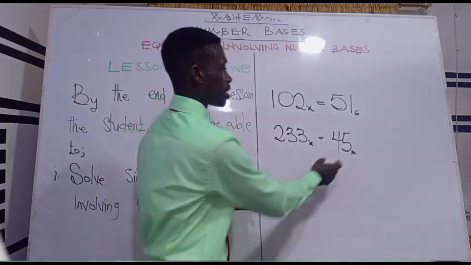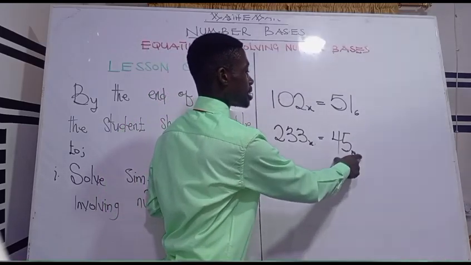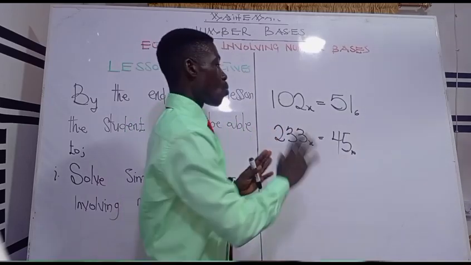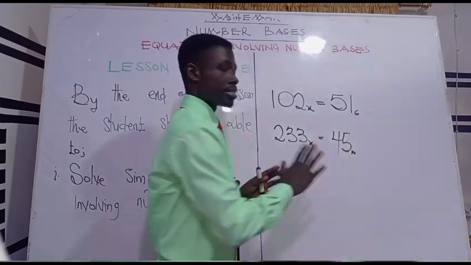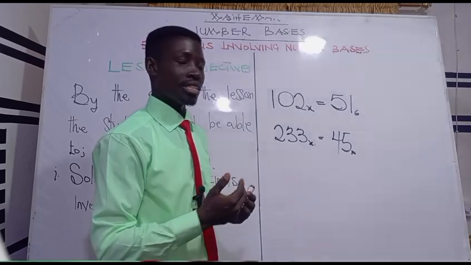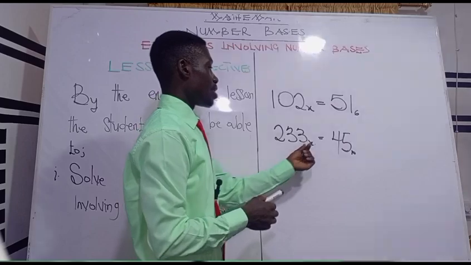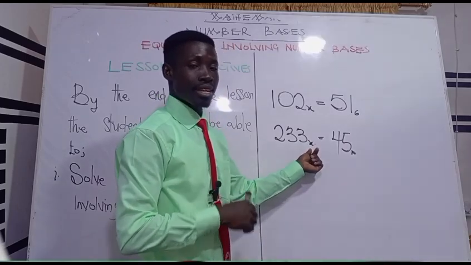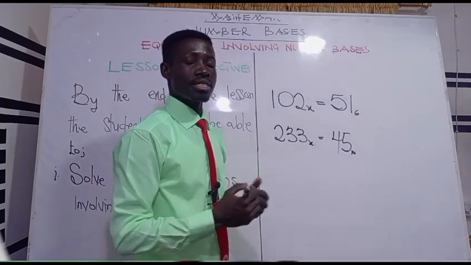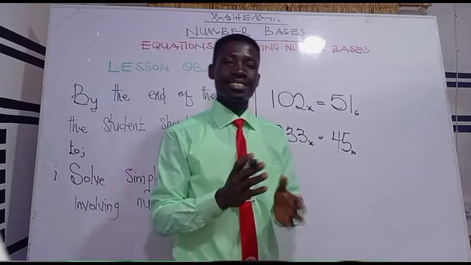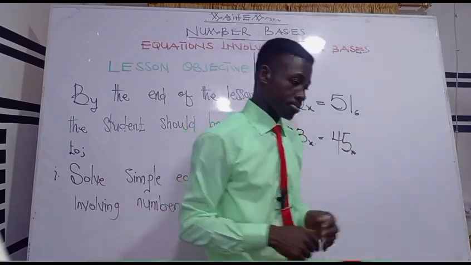But realize that this has already been expressed in base 10. So we don't have to worry ourselves expressing this in base 10 again. All we are going to do is just express the other one as a base 10 numeral and then solve for the base x. That is what we are going to do. So let's take our first example and then see how it works.